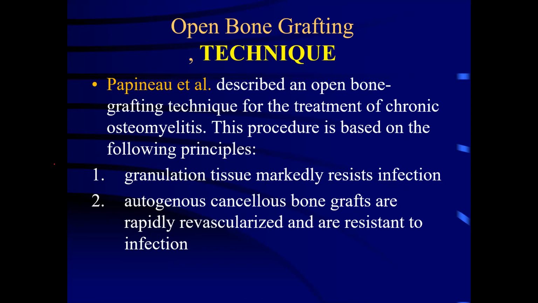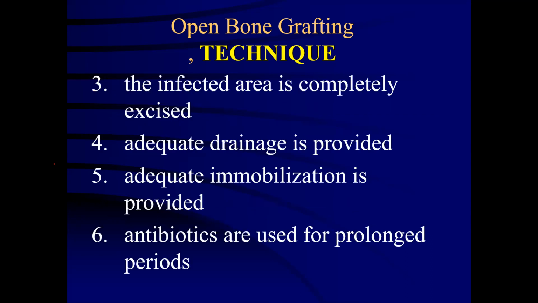This procedure is based on the following principles: granulation tissue markedly resists infection, autogenous cancellous bone grafts are rapidly revascularized and are resistant to infection. The infected area is completely excised. Adequate drainage is provided. Adequate immobilization is provided.